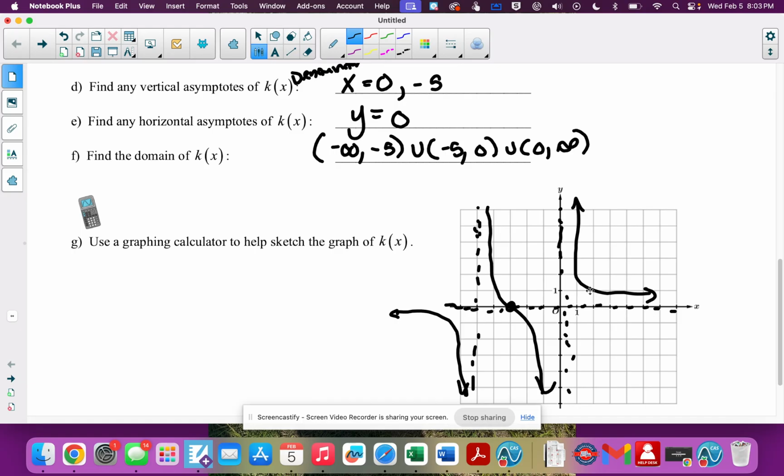Numbers that were above 0, to see if it was, again, positive or negative, and it would be here. And then this has to basically go the other way on the asymptotes, right? So if this is going down, then this side has to go up. If this side is going up, then this side over here has to go down. Okay, so again, you can substitute some numbers in. These are not actually hard to graph by hand. You just have to remember the rules that we have for where the pieces are.